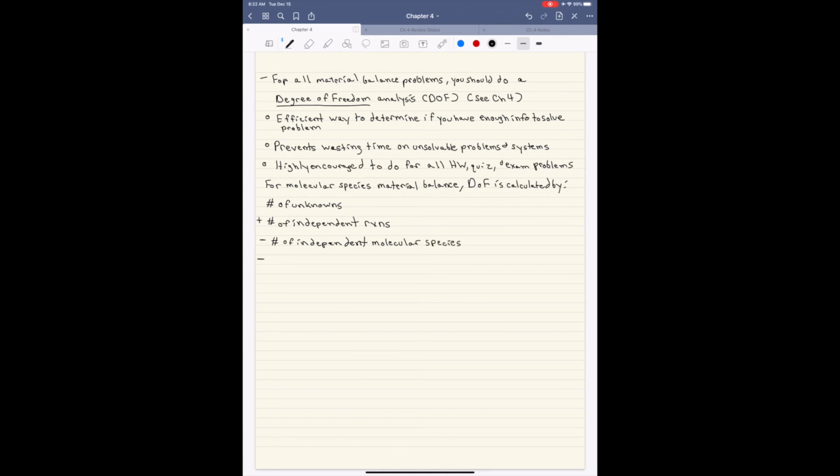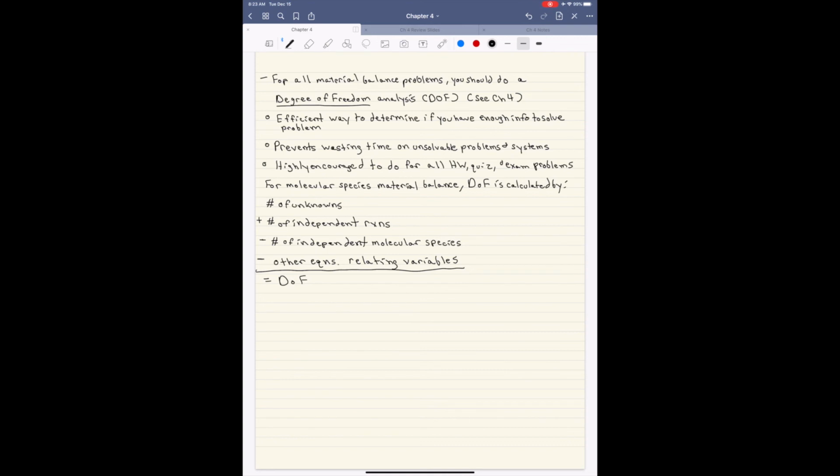And then you also subtract off any other sorts of equations that relate the variables in your system with each other. Okay? And so you add up and subtract off all those things, and in the end, you're going to get your degrees of freedom. Okay?